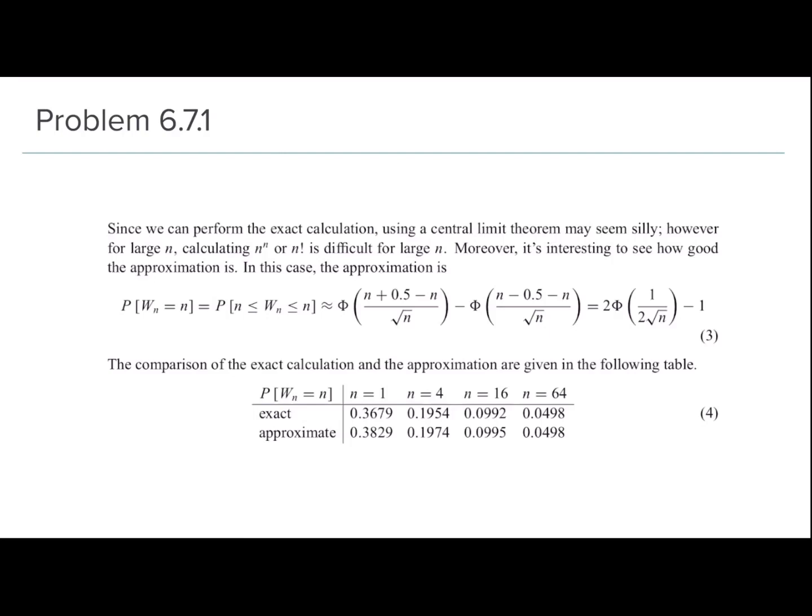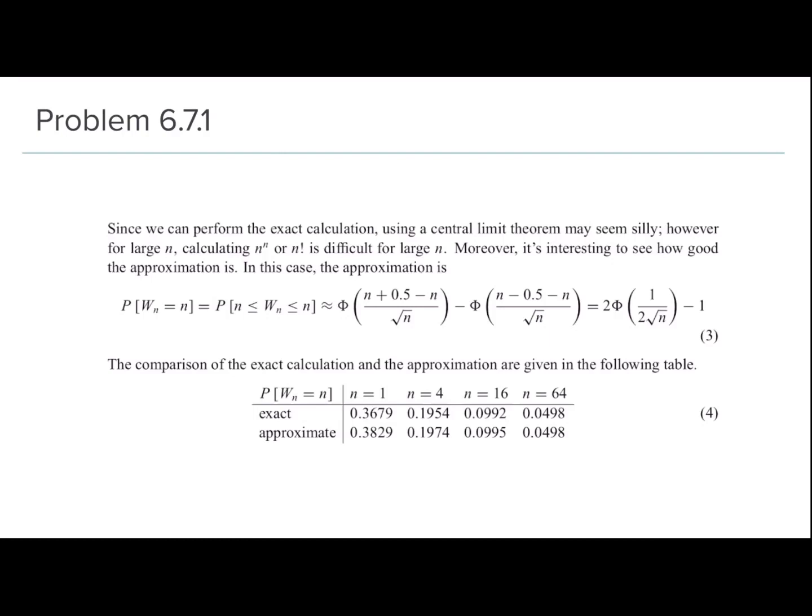So the probability that Wn is equal to n will be the probability that Wn is less than or equal to n plus delta and greater than or equal to n minus delta. And delta here is a small value, and for the purpose of this solution, we've taken this delta to be equal to 0.5.